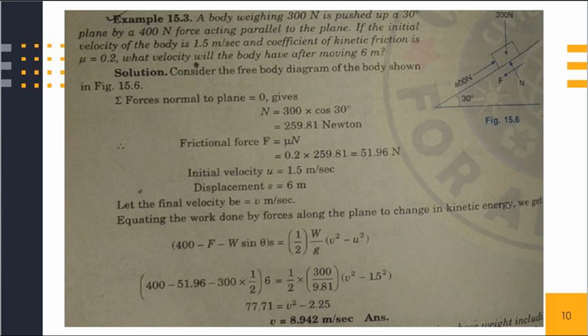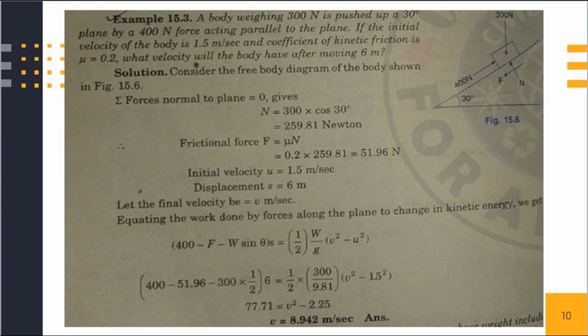In this problem, the given entities are weight of body 300 Newton and inclination of plane 30 degree. Here the body is moving up the 30 degree plane, and this figure shows the free body diagram of the 300 Newton body.